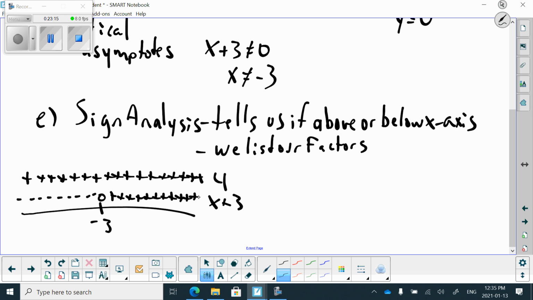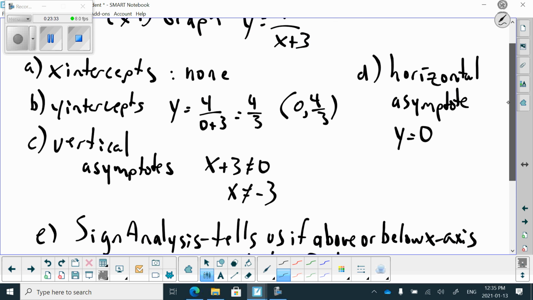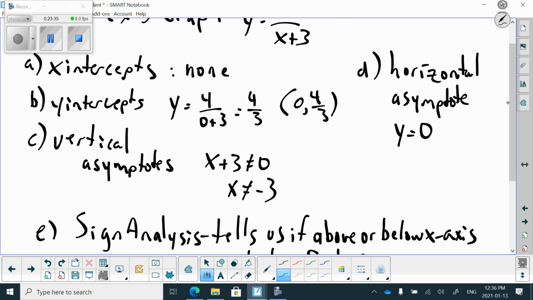Okay. Because now we multiply the lines. What's the positive times the negative? Right. But now here, a 0 times any number is going to be 0. But this is in our denominator, isn't it? So what is that right there? I think it's our vertical asymptote.